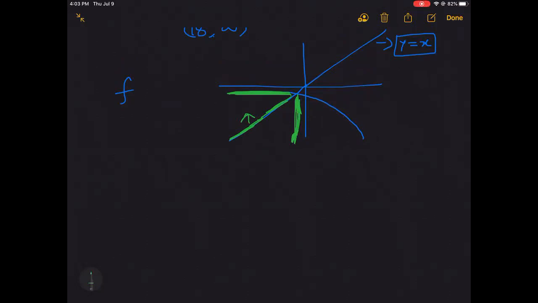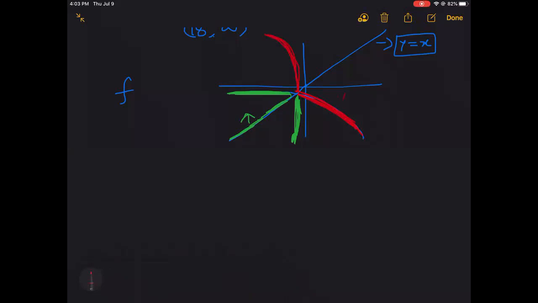That's the first part. What about the second part? This time I'm working on my right with respect to the y equals x line. This is behaving like this. If you take a mirror image of that, it should behave like this. Can you see that? Just forget about everything else and consider that portion.